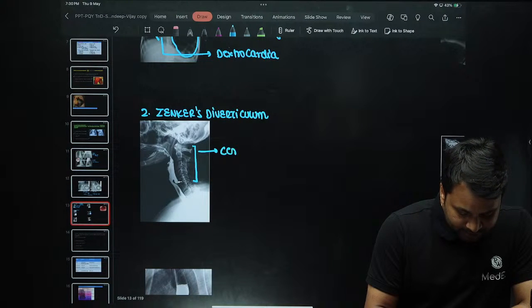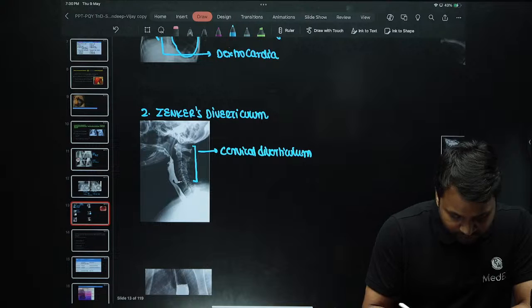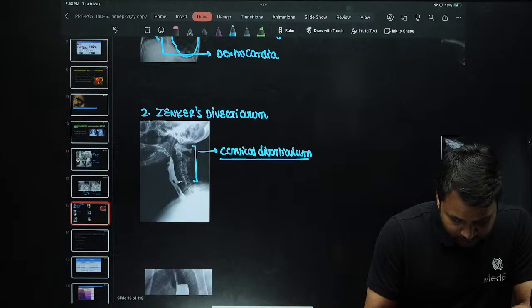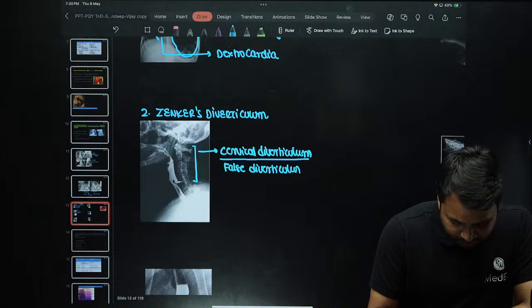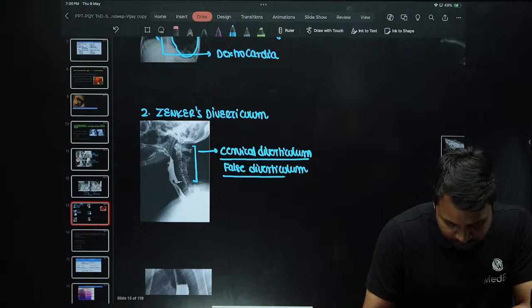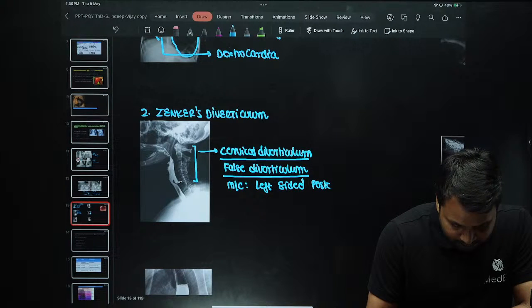Zenker's is an example of a cervical diverticulum and a false diverticulum. It most commonly exists on the left side. It is a left-sided posterior diverticulum.